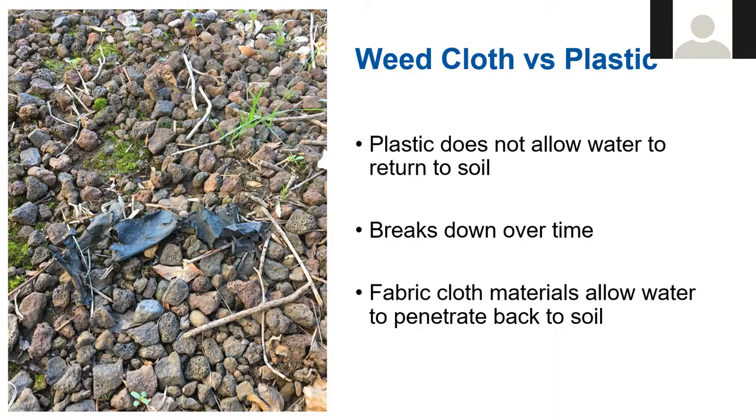Plastic's not going to let water return to the soil. Eventually, it's going to break down over time, and you're going to see it on the surface, and it's going to blow around, be messy, and let your grass and weeds grow through it. And fabric cloth, on the other hand, does allow water to penetrate back to the soil. All right, next, please.